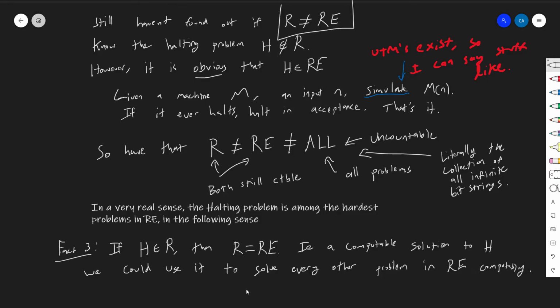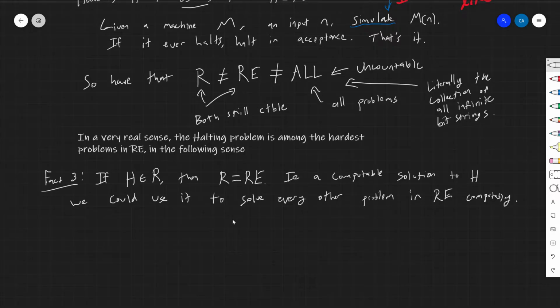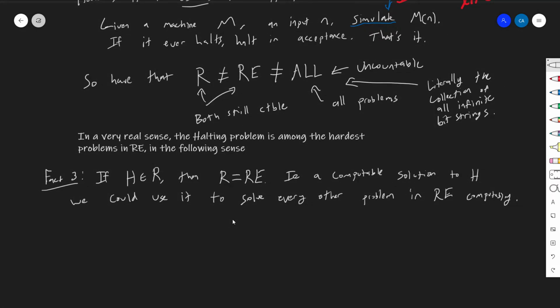So this is a way of saying something that I think most people have heard before if they're into computer science. This is a way of saying that H is RE hard.